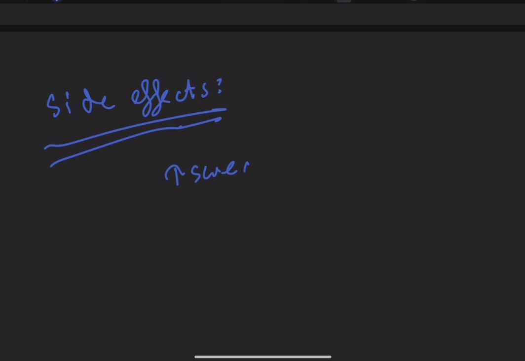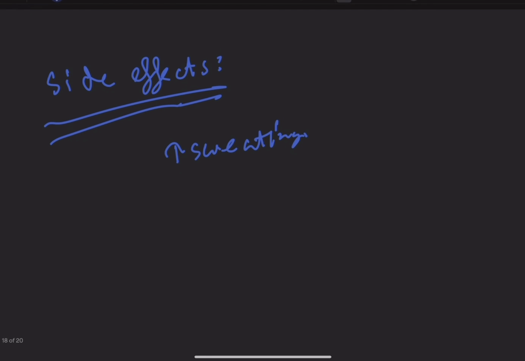What are the side effects of using these drugs? As we have already said, it increases the sweating and the salivation.